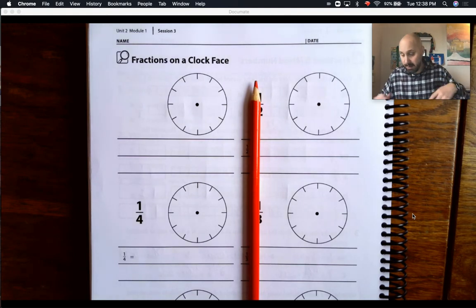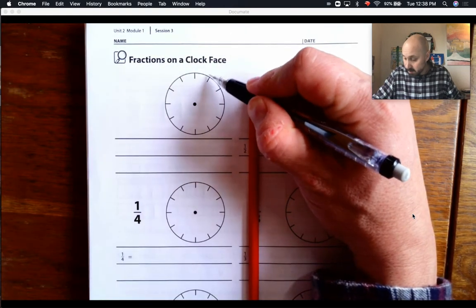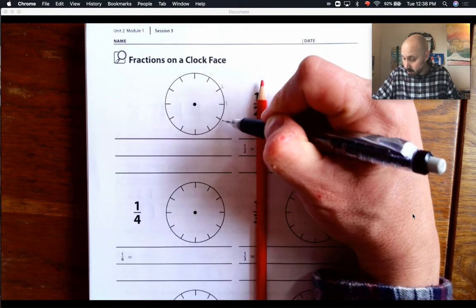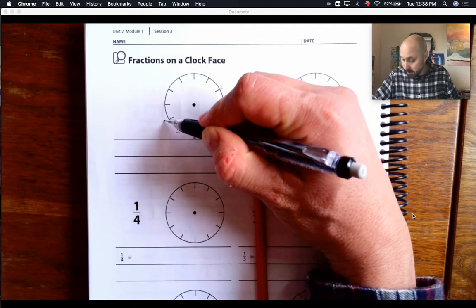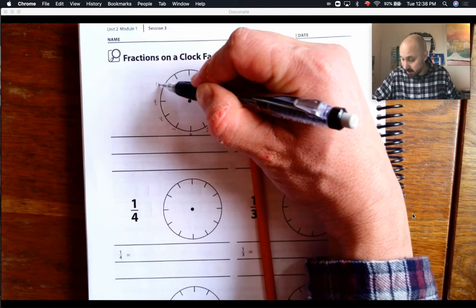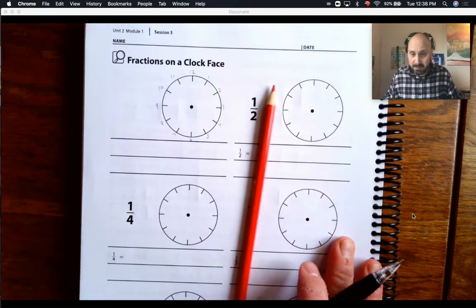So that's how we break it up: 1, 2, 3, 4, 5, 6, 7, 8, 9, 10, 11, and 12. So we have 12 equal pieces of a clock.